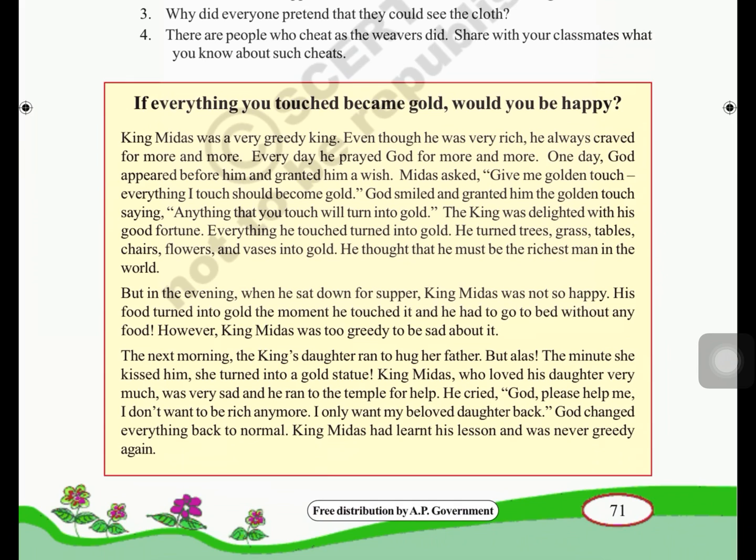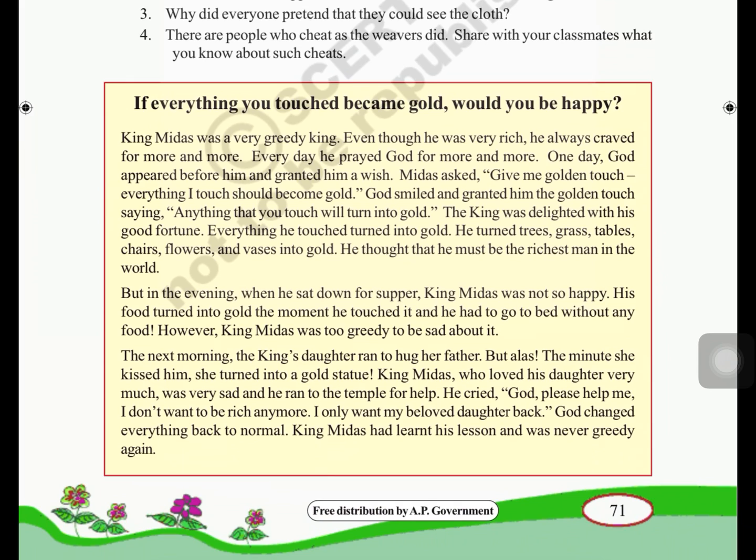But in the evening, when he sat down for supper, he started feeling hungry. Then he wants to take some food. King Midas was not so happy. His food turned into gold the moment he touched it, and he had to go to bed without any food. So what happened? When he had touched the food, it also turned into gold.